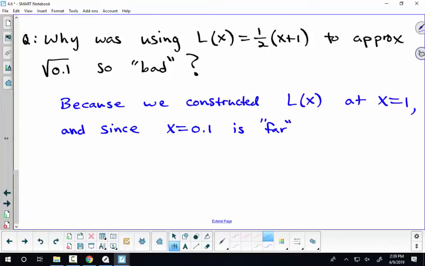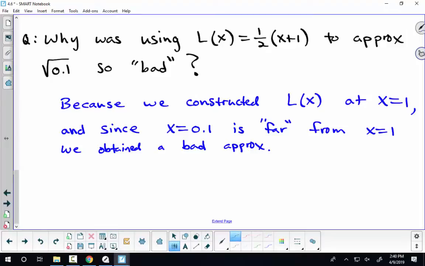Again, far is a relative term, so I'll put that in quotations. Does that make sense?